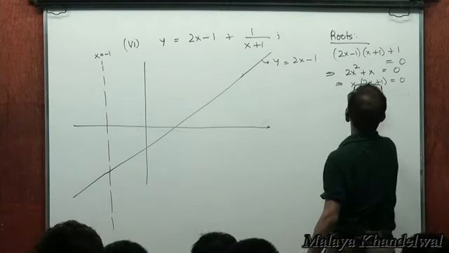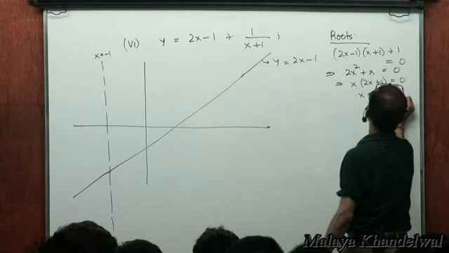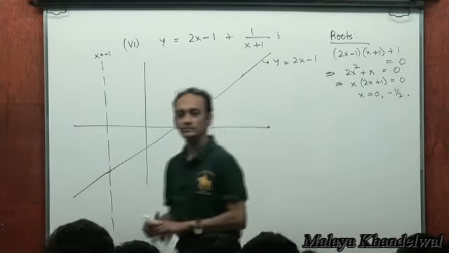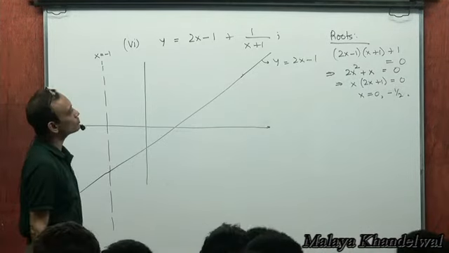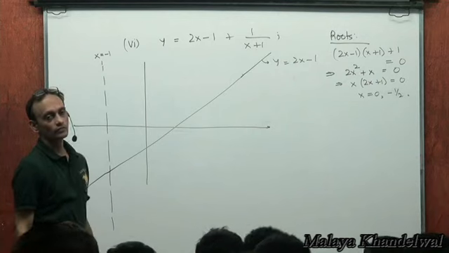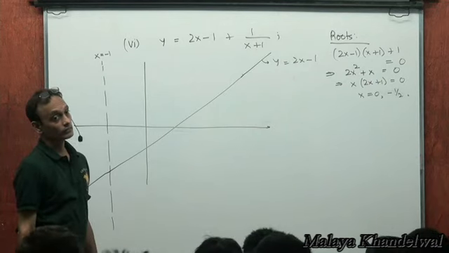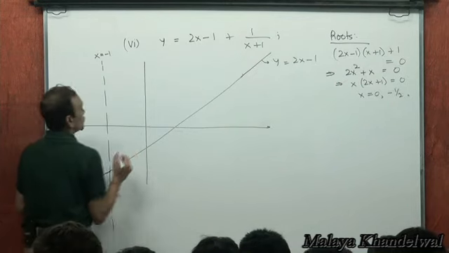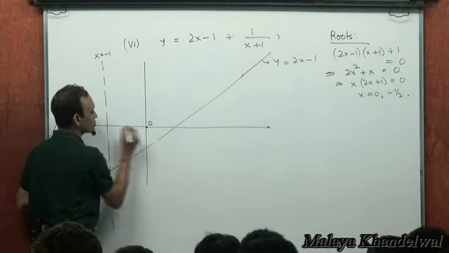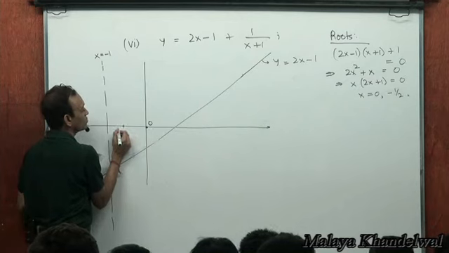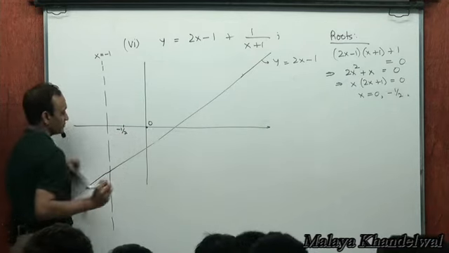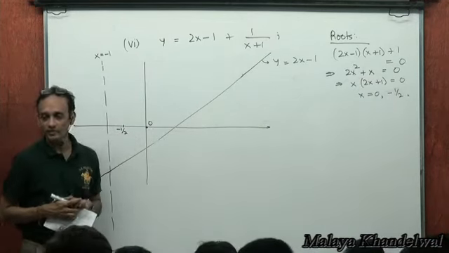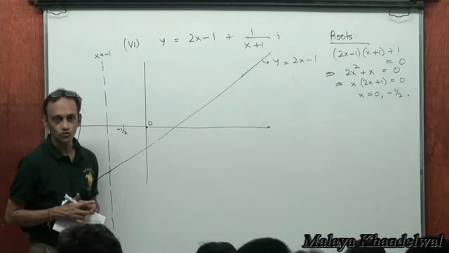Yes, x equal to 0 and minus half are the roots, right? Did you get this? Yes or no? So this is x equal to 0 and x equal to minus half will be somewhere here. These are the two roots, right?